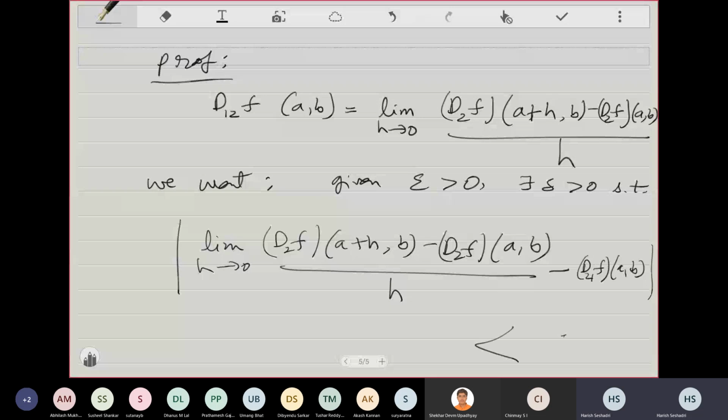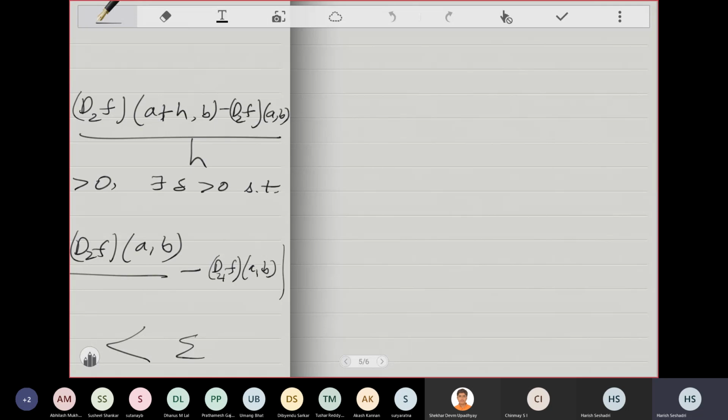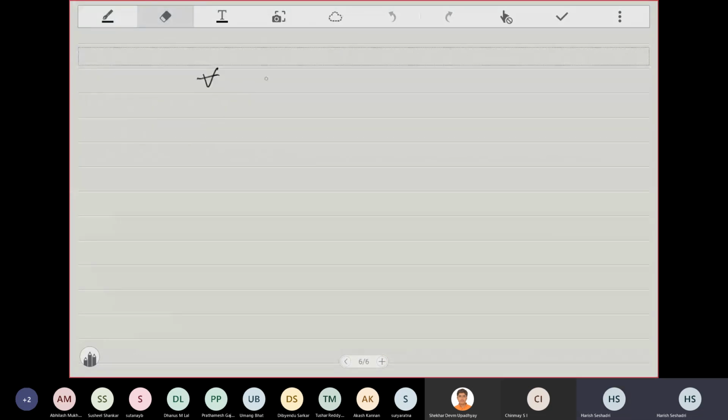So this entire thing should be less than epsilon, and this should hold for all h with mod h less than delta. There's no longer a limit sign here. So this is what one is aiming for.